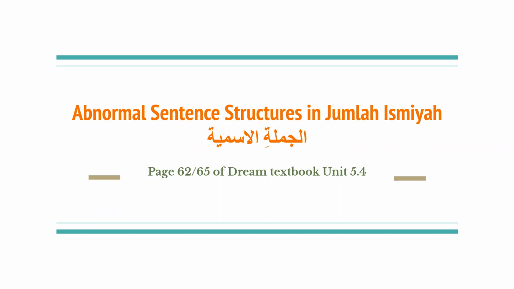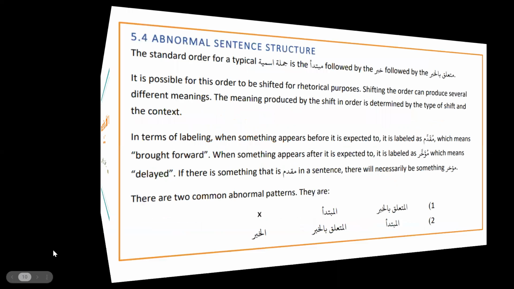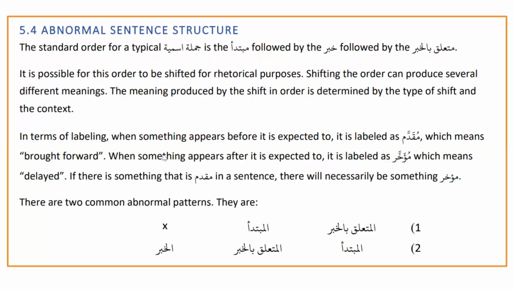But most of the time in Quran, we see different sequences other than the main sequence we learned. So these are not abnormal, but unusual. You can say unusual. In the Dream textbook, the unit is 5.4, and the name of the unit is Abnormal Sentence Structures in Jumlah Ismiyah, and it is also written in this unit that it's an unusual sentence structure.